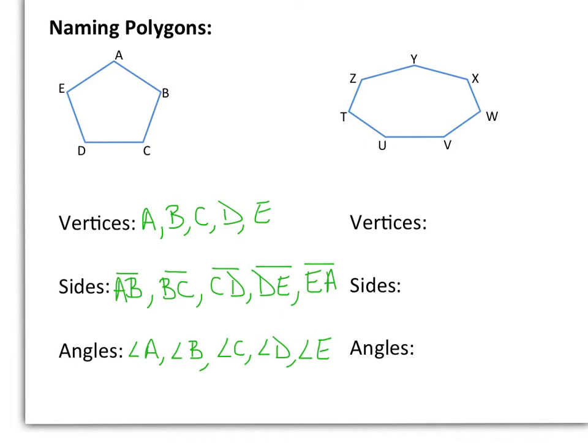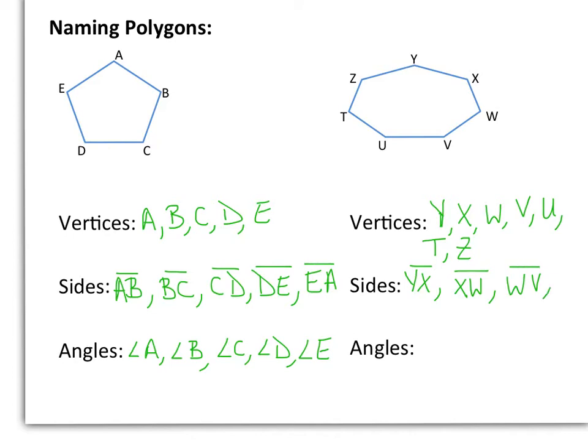Looking at our figure on the right, our vertices would be Y, X, W, V, U, T, and Z. And then my sides, we have side YX, XW, WV, VU, UT, TZ, and finally ZY.